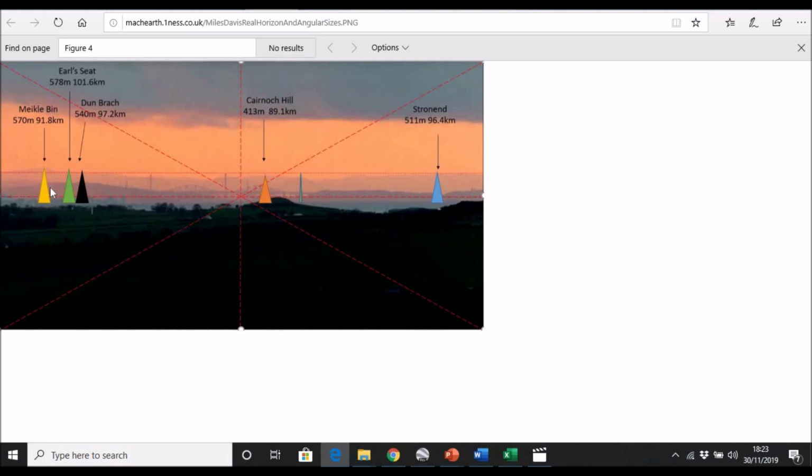Now, Gleam, or somebody else, has calculated the appropriate angular sizes for these hills and has then placed them where they would like the base of those hills to be in order to fit with my observation. What they've used as their line is the base of the bridge tower, which they have estimated to be here.